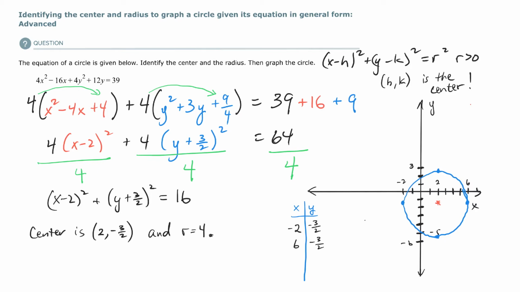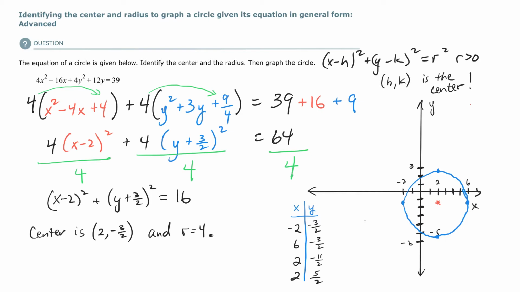We also have 2 and what? 2 and -5 1/2, so -11/2. And then we also have 2 and 2 1/2, which is 5/2. We have 5/2 here.